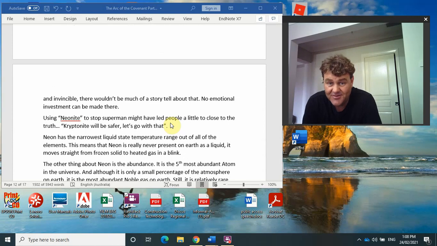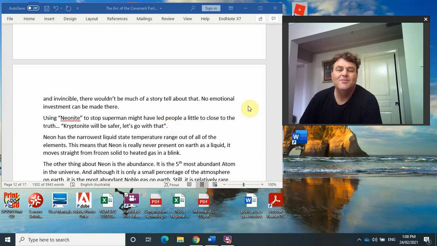There would be no emotional investment to be made because we know he would survive regardless. So nothing can be endlessly powerful. Everything needs its arch enemy, its arch nemesis, its yin yang, its positive to negative.